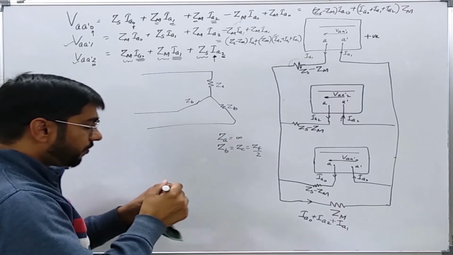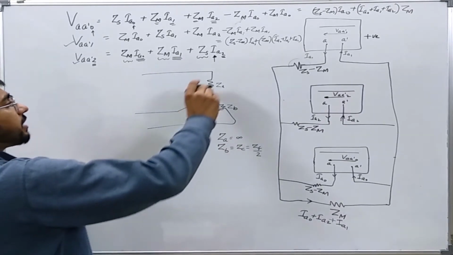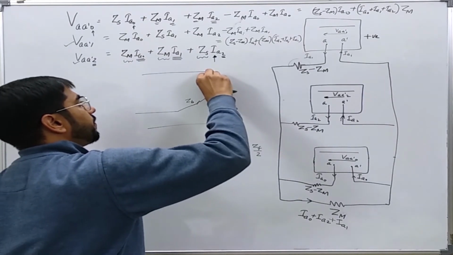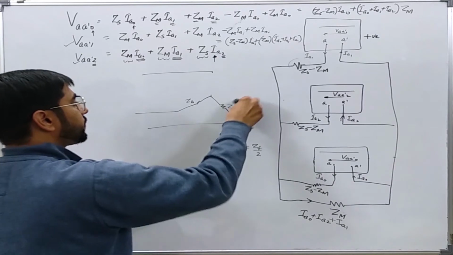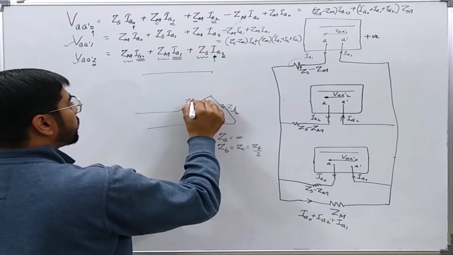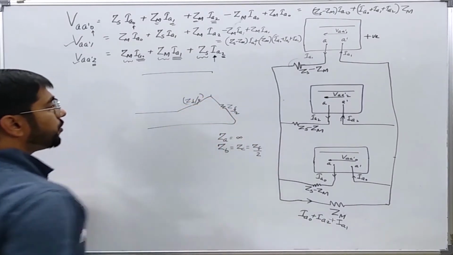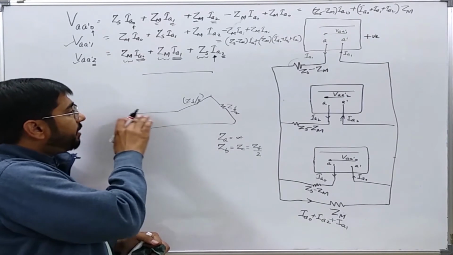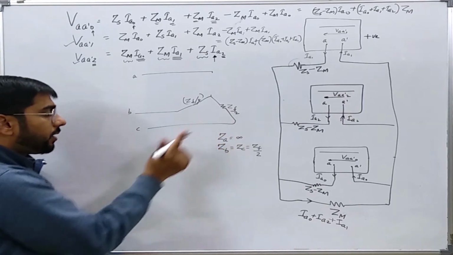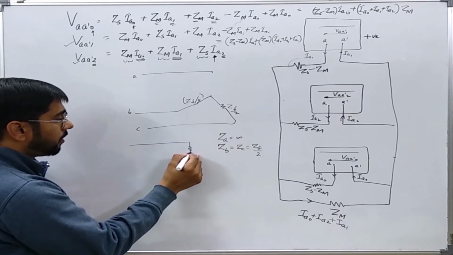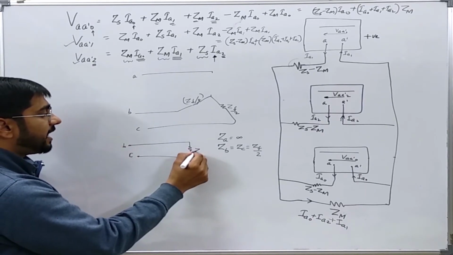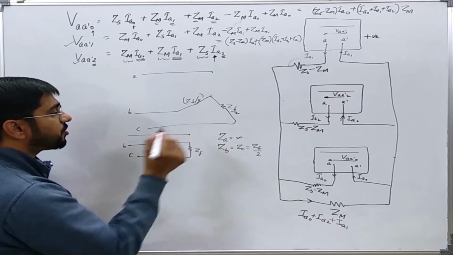Okay, so what does it mean? It means that the network will change into like this. So you see, it is a circuit equivalent to a line-to-line fault between phase B and C with ZF as fault impedance and phase A is open.